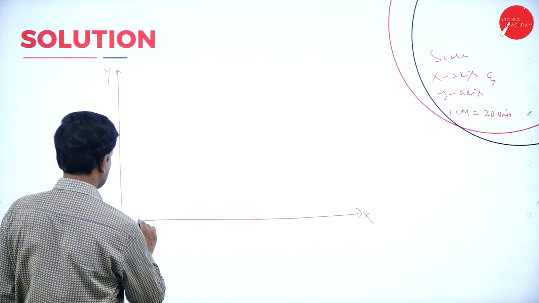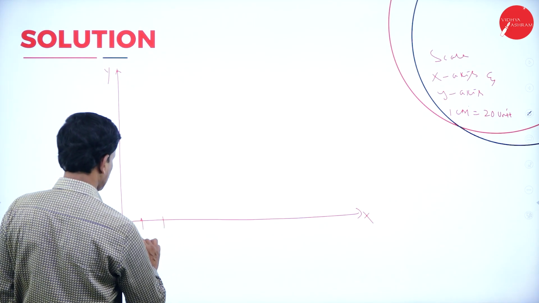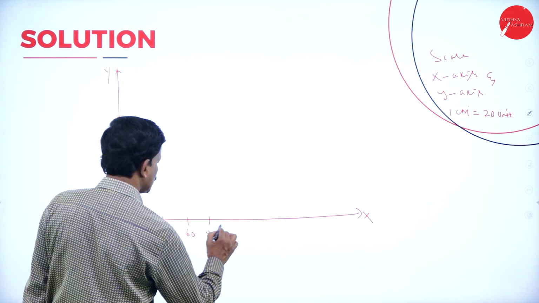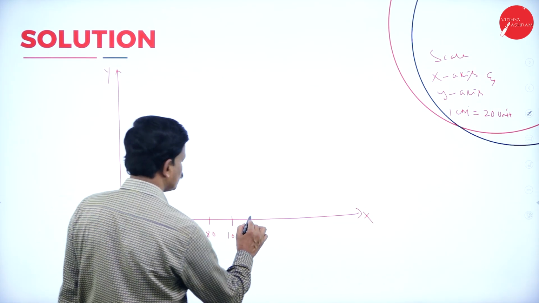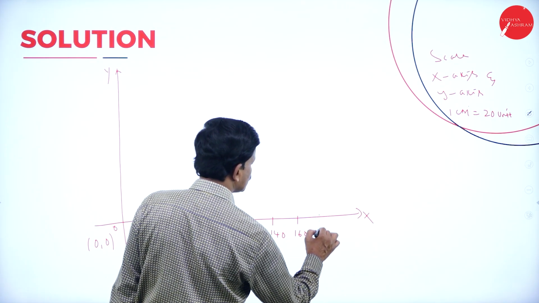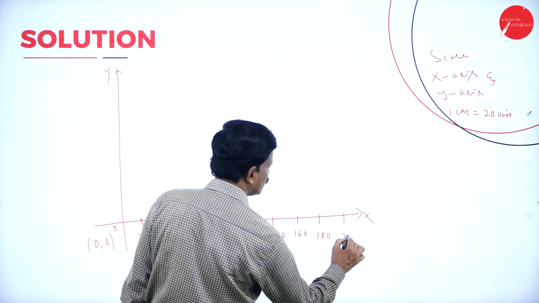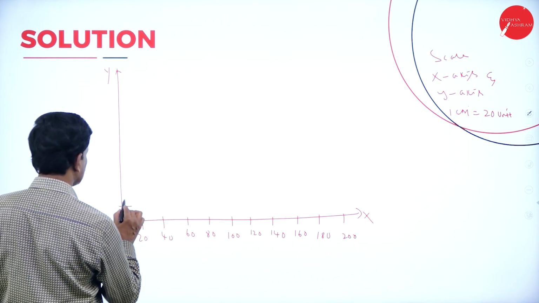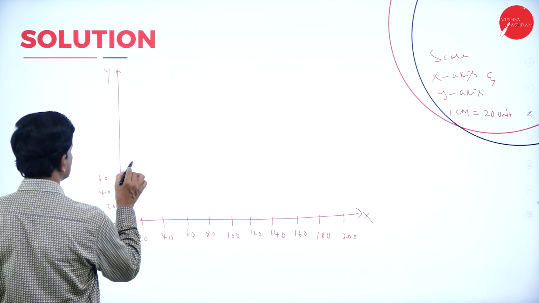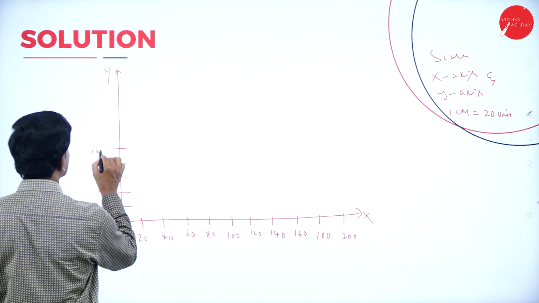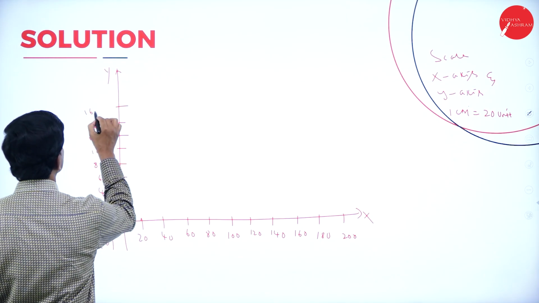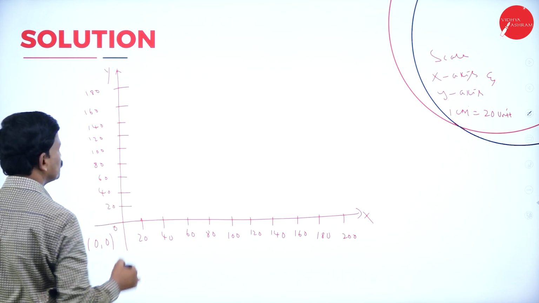So this is 20, 40, 60, 80, 100, 120, 140, 160, 180 and 200. Similarly on the y-axis, 20, 40, 60, 80, 100, 120, 140, 160, 180.